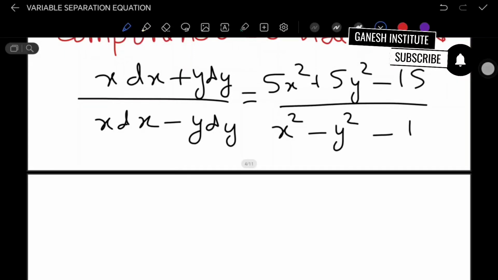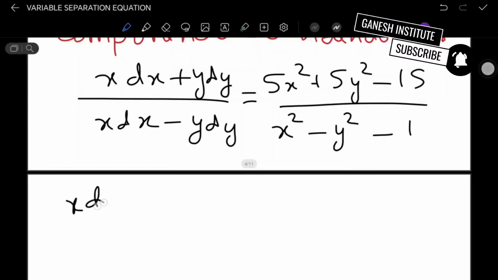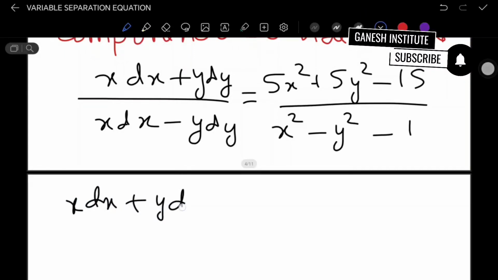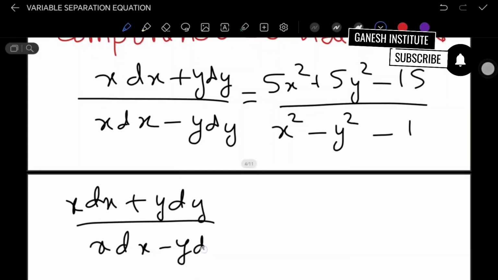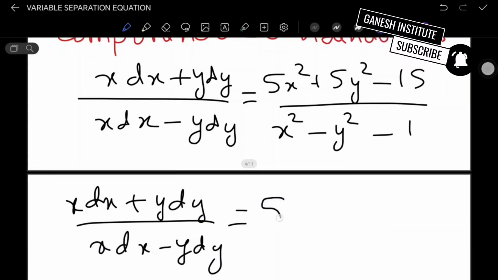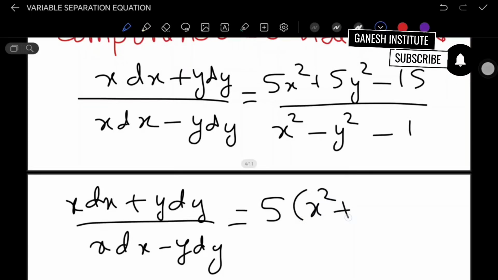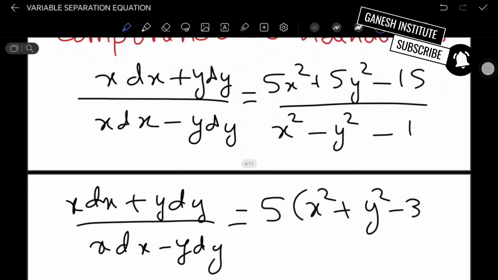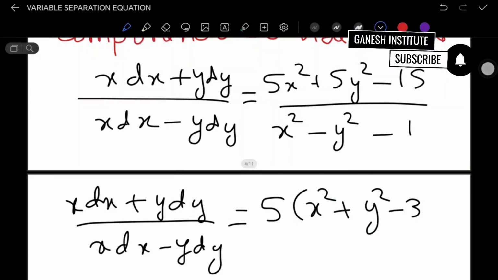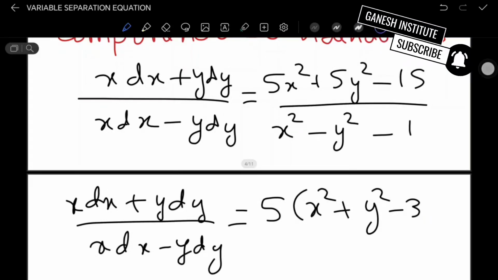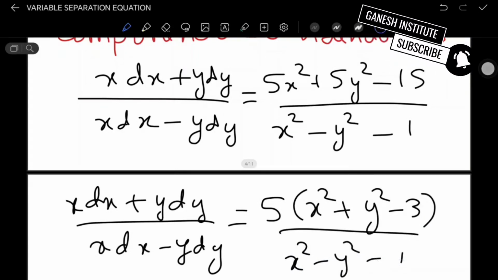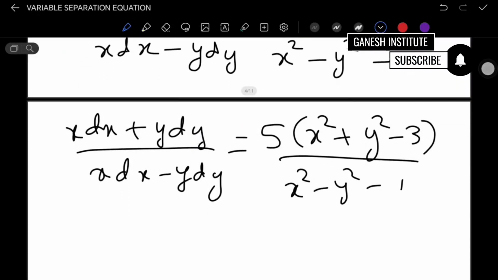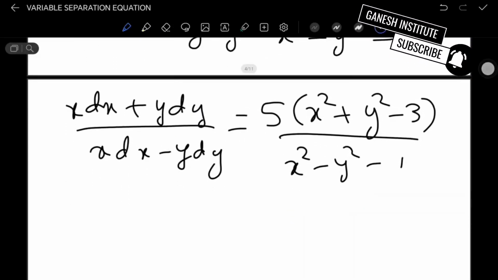If I can take common, okay, x dx plus y dy divided by x dx minus y dy as it is. If I can take 5 common, it will give me x square plus y square minus 3 times 5, right? Divided by x square minus y square minus 1. Okay, now I'm cross multiplying.